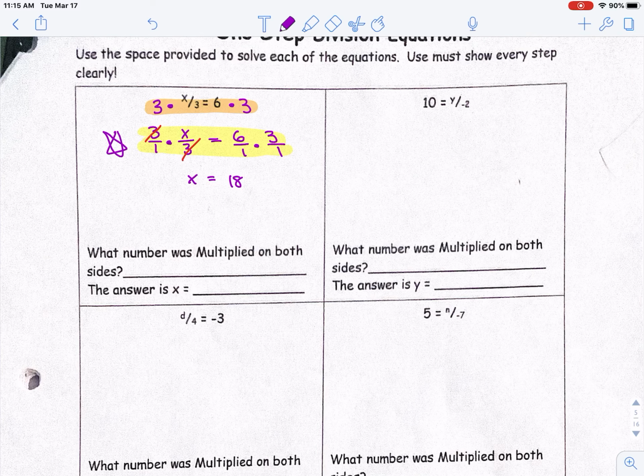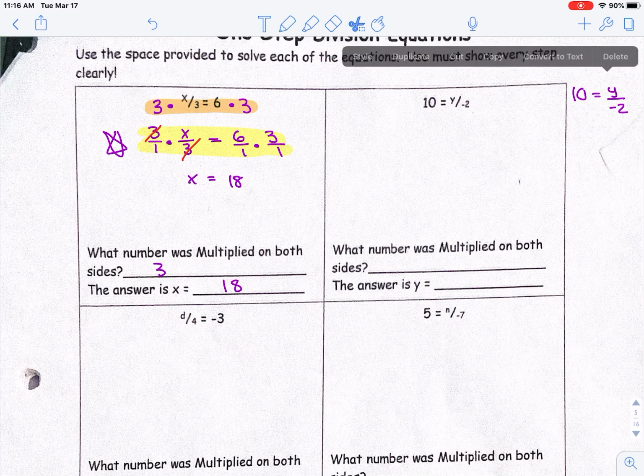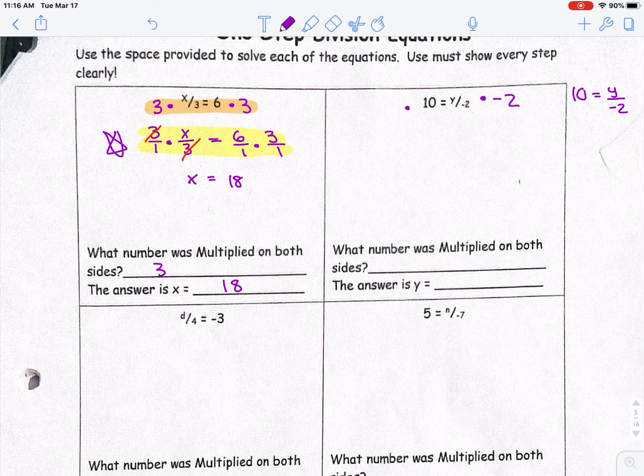So what number was multiplied on both sides? We have our 3, and again, our answer is 18. All right, moving over here to the right, remember this is just 10 is equal to y over -2. They just wrote it a little bit slanted. So to undo dividing by -2, we're going to multiply by our -2. And again, that's basically doing -2 times 10 is equal to y over -2 times -2 over 1. Remember, we can always put a number over 1 and it's the same number.